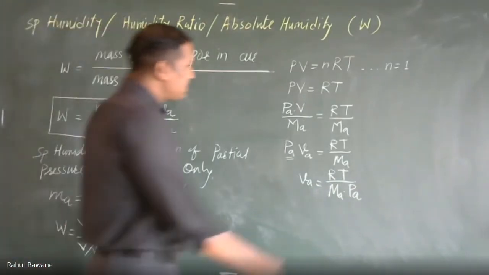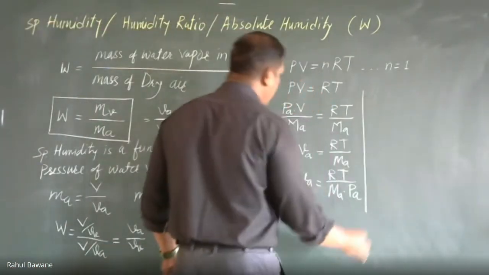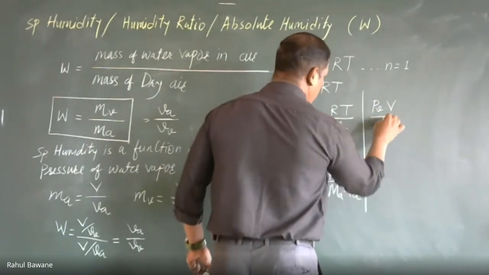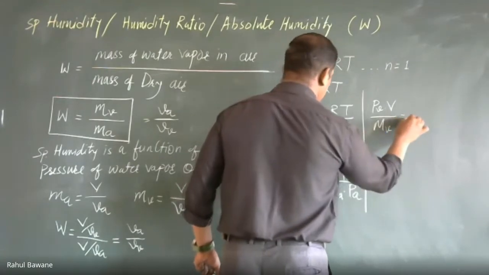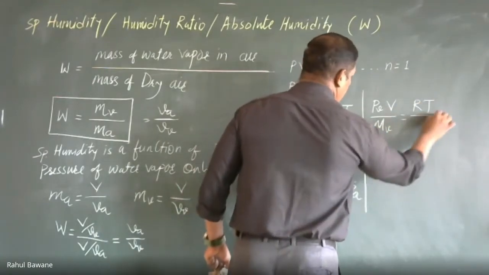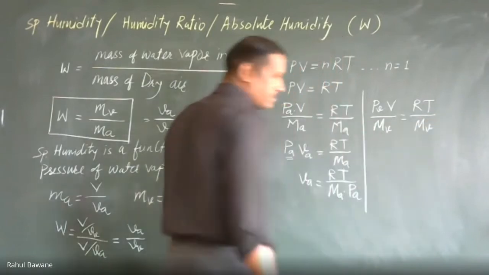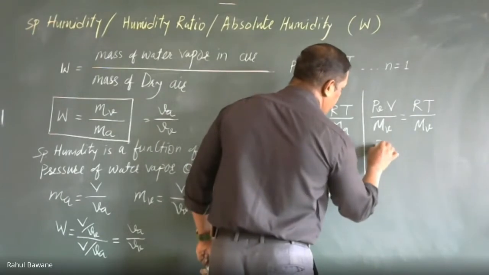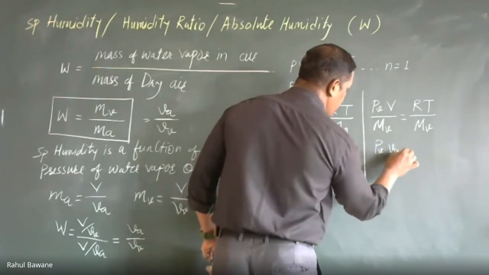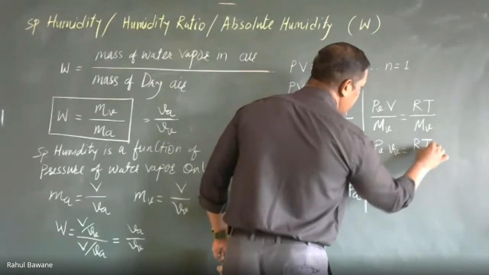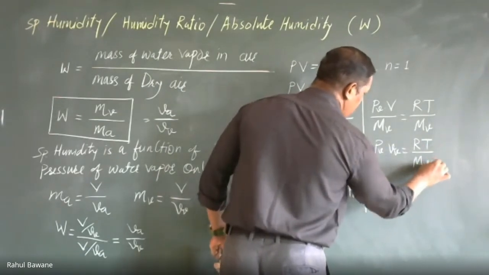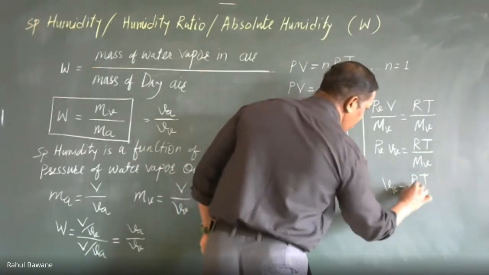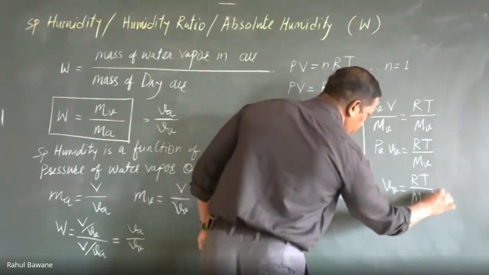If I do the same thing for water vapor, I observe Pv times V upon the molecular mass of water vapor equals RT upon the molecular mass of water vapor. So this becomes Pv times the specific volume of water vapor equals RT upon the molecular mass of water vapor. So vv will be RT upon Mv into Pv.